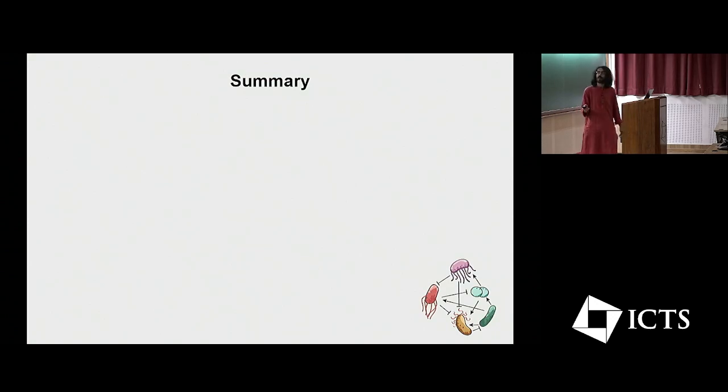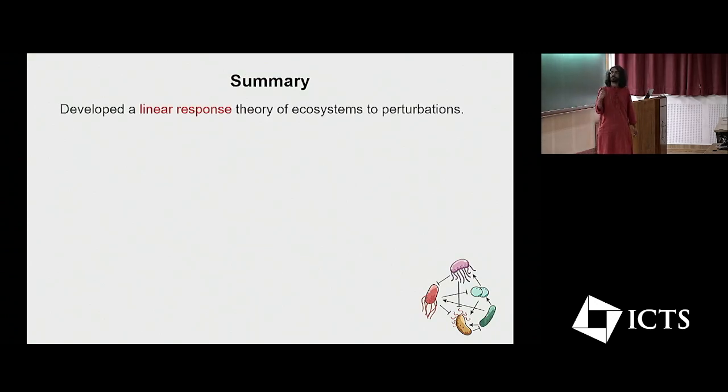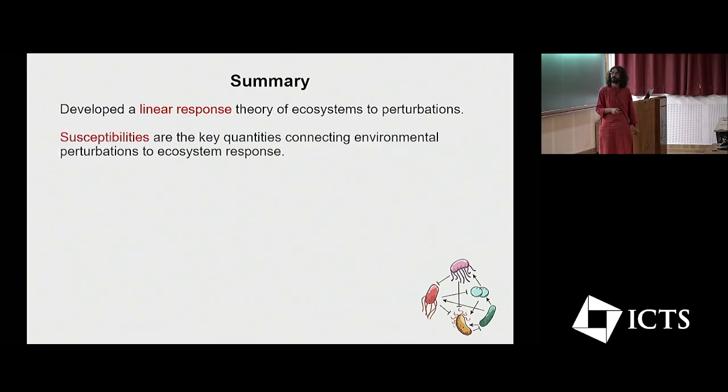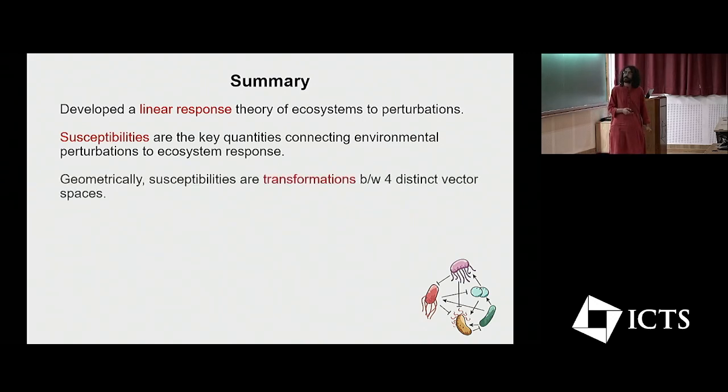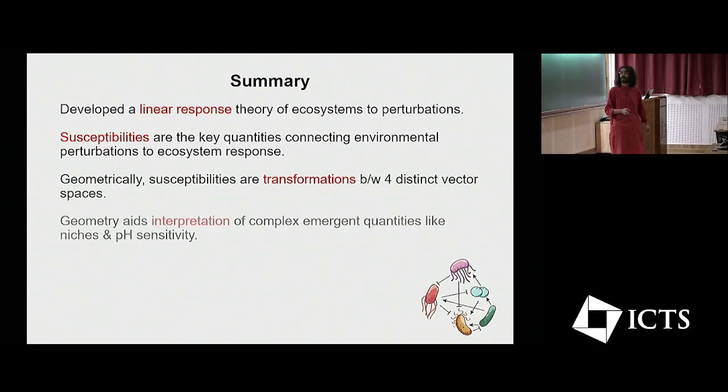And I'll summarize very quickly. In this talk, we developed a linear response theory of ecosystems to perturbations. We learned that susceptibilities are the key quantities that connect these perturbations to the response of the system. Geometrically, you can understand the susceptibilities as composite transformations that take you across these 4 vector spaces.